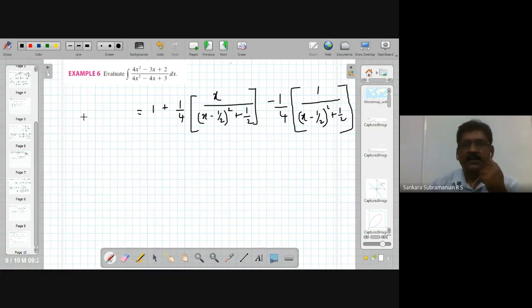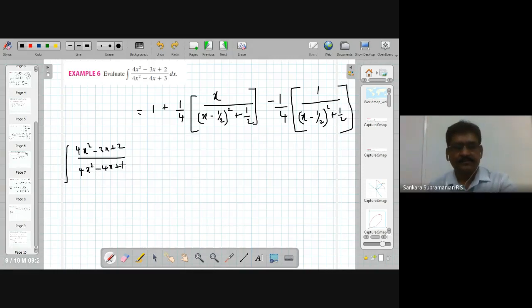So, how will you go for that integral? So, integration of the left hand side, 4x square minus 3x plus 2 divided by 4x square minus 4x plus 3 dx, equal to this integral of dx becomes x.